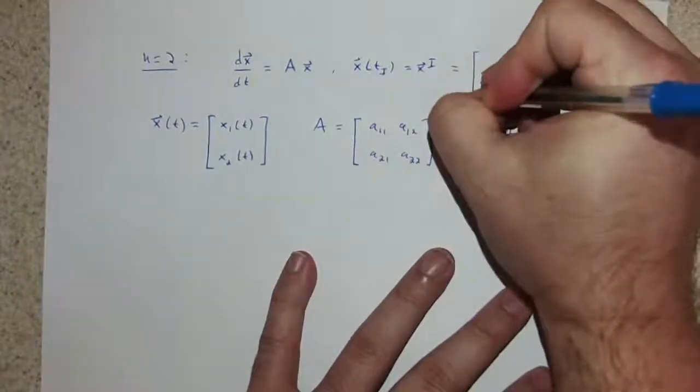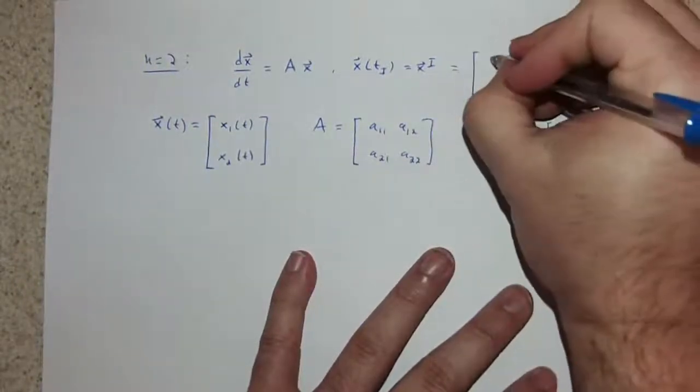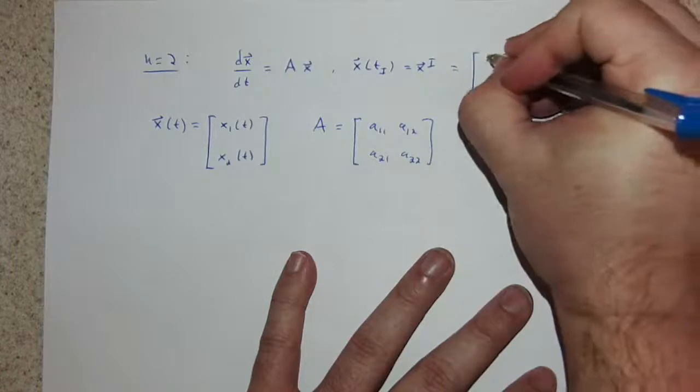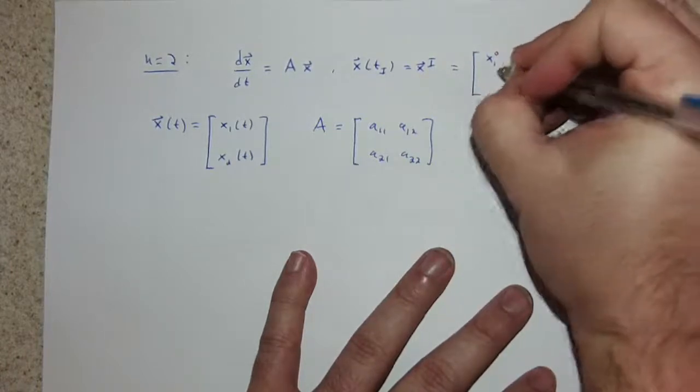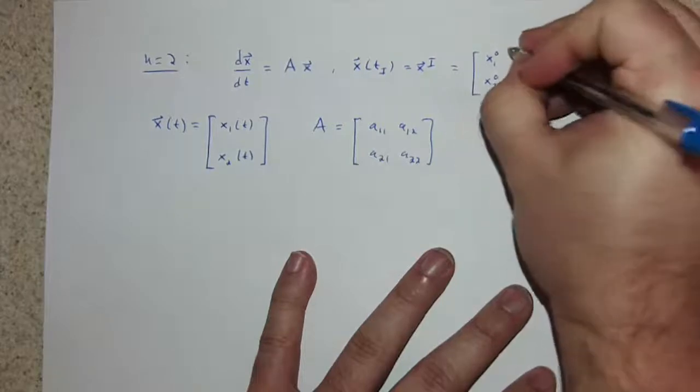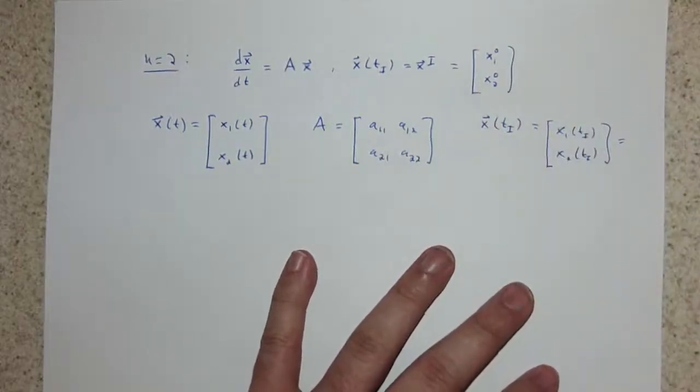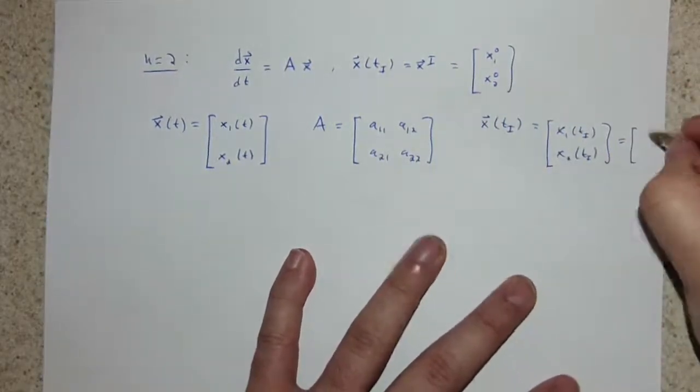So if I call this x, I can call this x sub 1 naught, x sub 2 naught. All right, we got subscripts and superscripts flying around, so that's what this is.